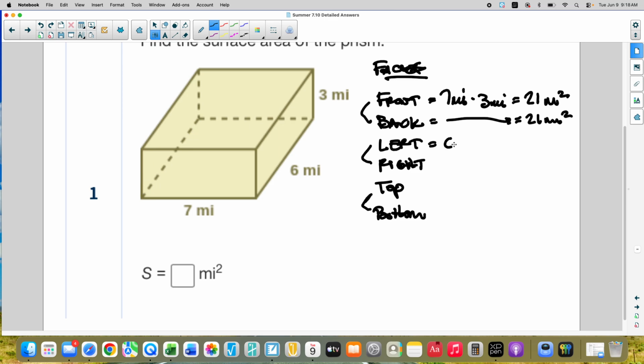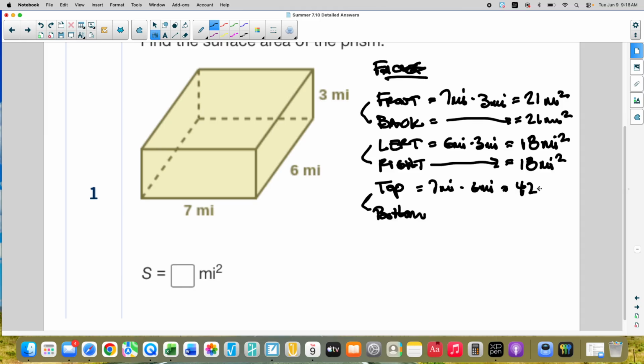So left is going to be 6 miles times 3 miles, which gives us 18 miles squared. My right is congruent, so that's also 18 miles squared. My top is 7 miles by 6 miles, which gives me 42 miles squared. And I know my bottom is congruent to that, so that gives me 42 miles squared also.